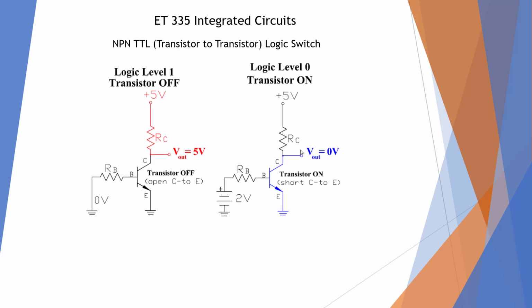If we have the transistor on, which means closed, we're going to get a direct connection to ground, or logic level 0. So being that we have 0 volts and 5 volts, we could drive LEDs and other things because we have two different clear voltages.